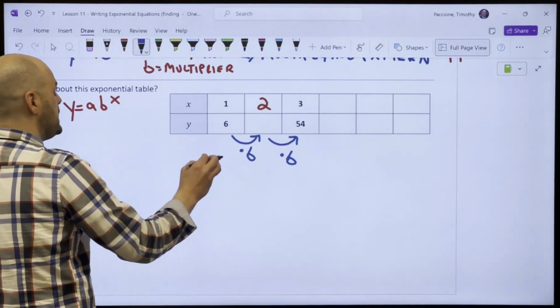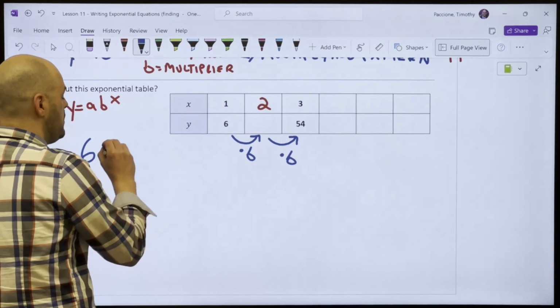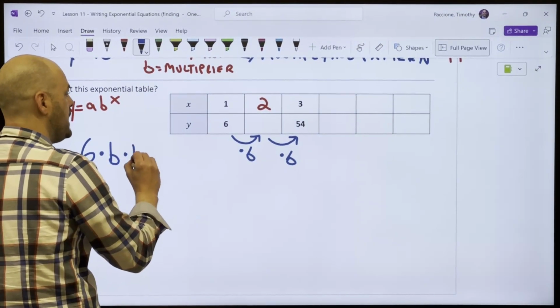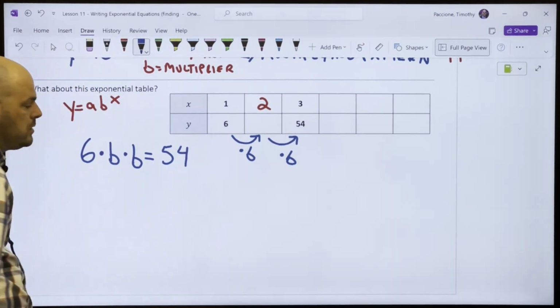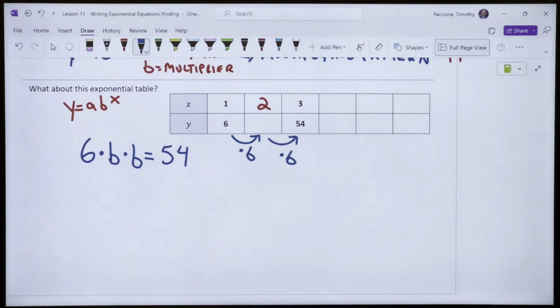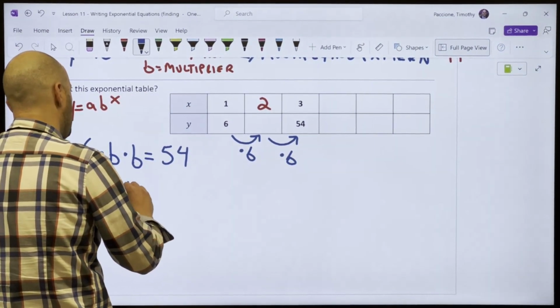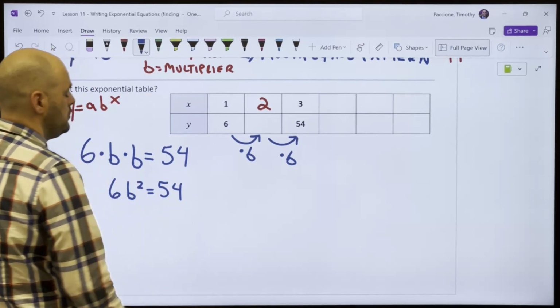What we're saying is, if you take 6 and you multiply it by B, and then you multiply it by B again, you get 54. What is B times B? B squared. So this is really 6b squared equals 54.